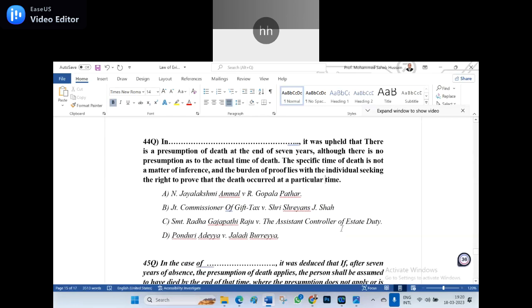Now, 4 options. A. Jayalakshmi Ammal versus R. Gopala Pathar. B. Commissioner of Gift Tax versus Sri Shervans J. Shah. C. Smt. Radha Gajapati Raju versus the Assistant Controller of Estate Duty. D. Ponduri Adaya versus Jaladi Burraya.